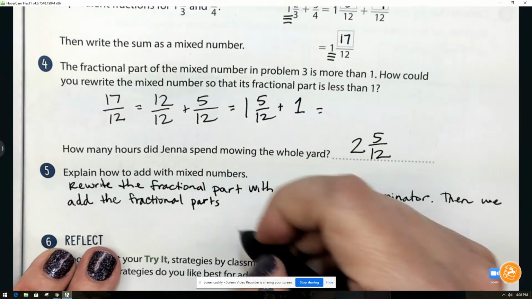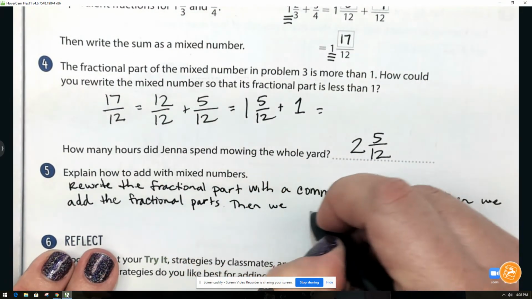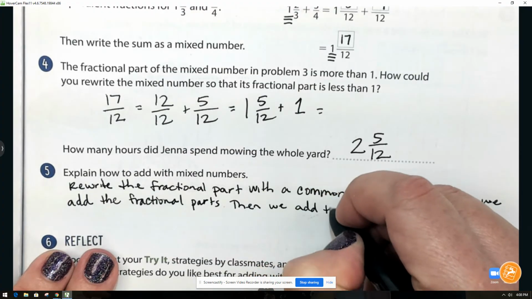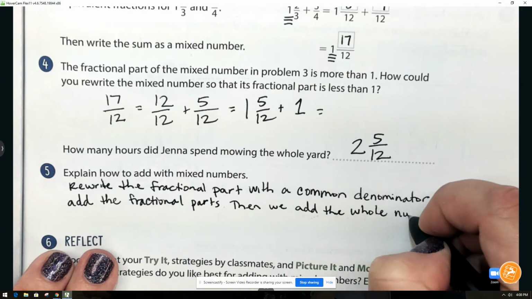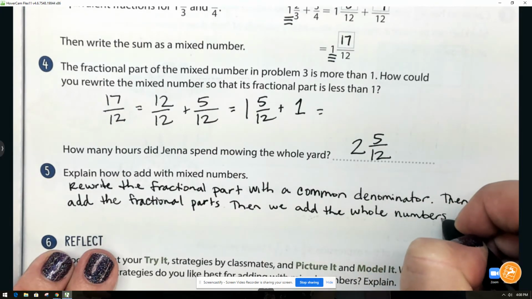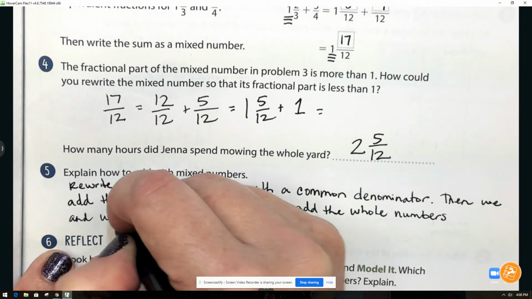Then we add the wholes, or the whole numbers, and we regroup if necessary.